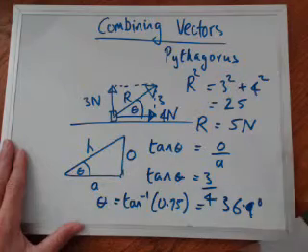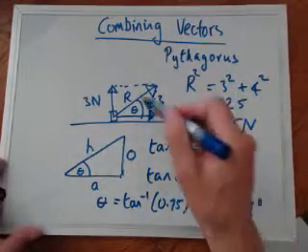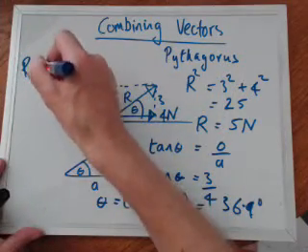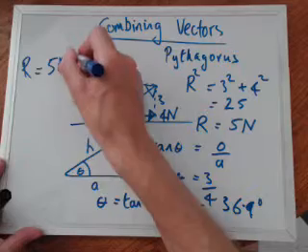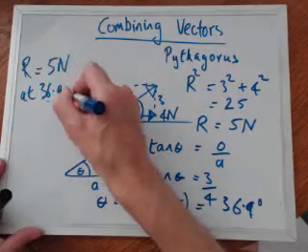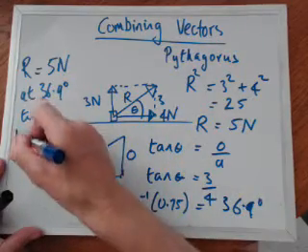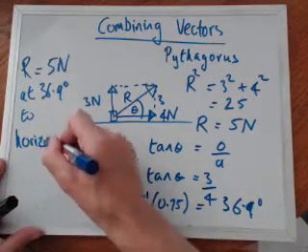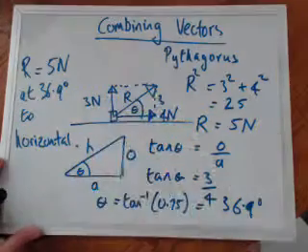So thus we have defined our vector that those two can be replaced by: the vector r is equal to a force of 5 newtons at 36.9 degrees to the horizontal, as defined in our diagram.